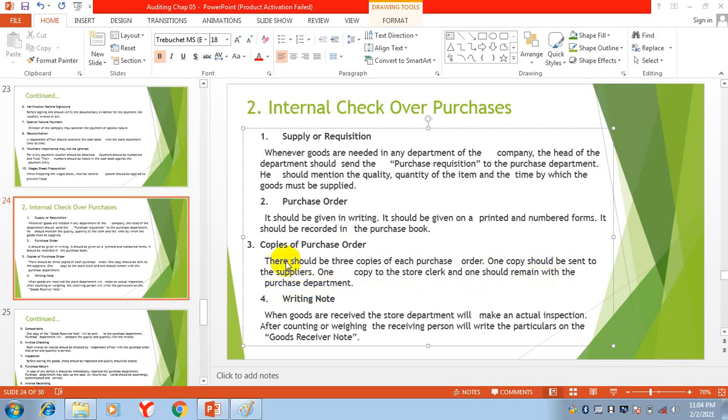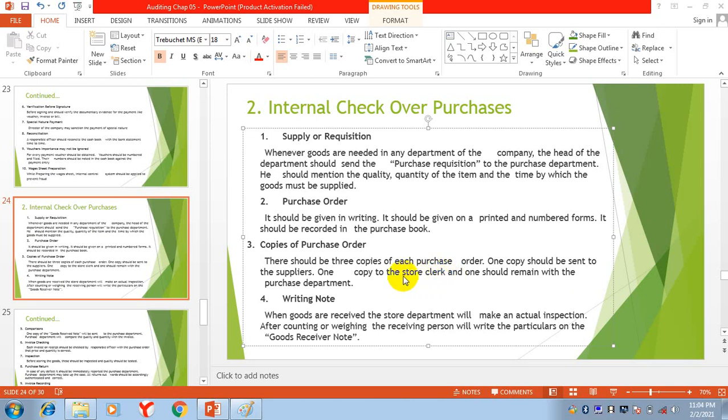The copy goes to the store clerk because when goods are purchased, they will go to the store.